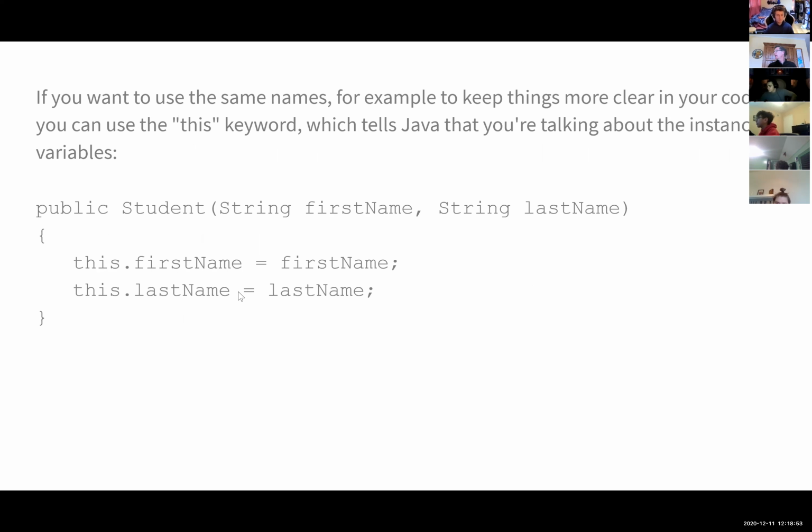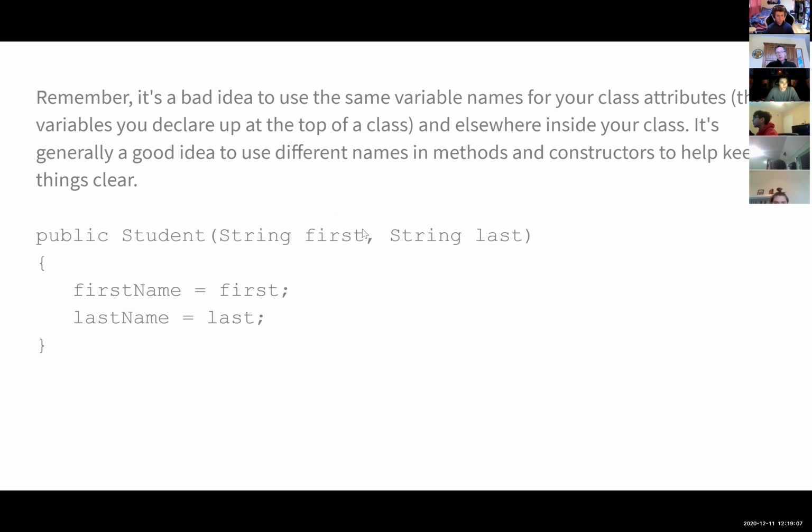So let me just say, if you ever find yourself saying X equals X on a line, you're well intentioned, but that doesn't work. You have to have different names for the variables. So either use different names in the parameter list, like often I'll do F or L, or first or last, and then the instance variable is first name, last name.